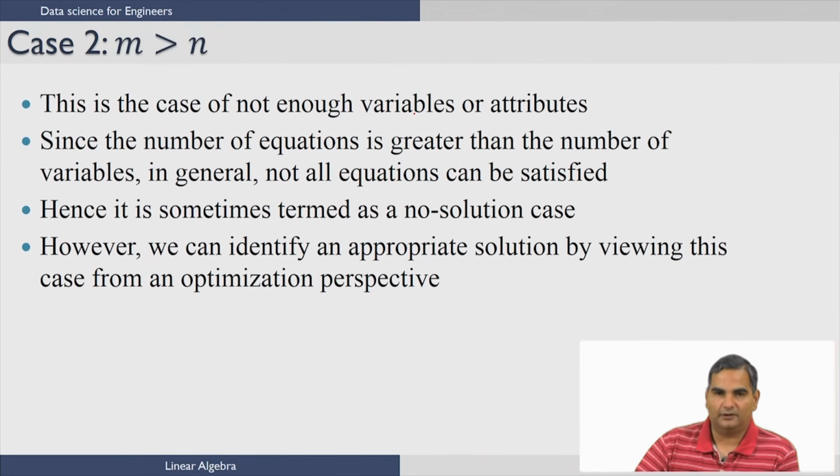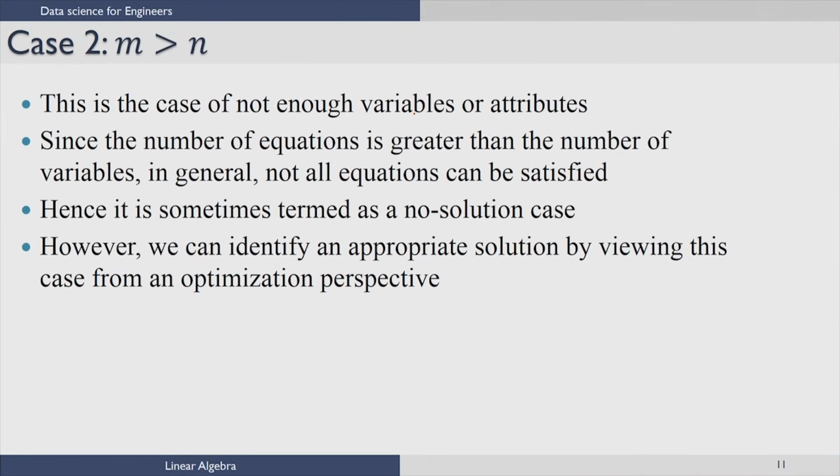Hence, we term this as a no solution case. However, we still want to identify some solution which makes sense and which we can generalize for all the three cases. So, what we are going to do is identify an appropriate solution by viewing this case from an optimization perspective, and I will explain what that is presently.